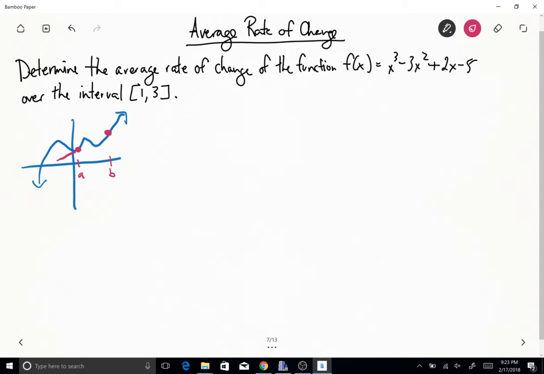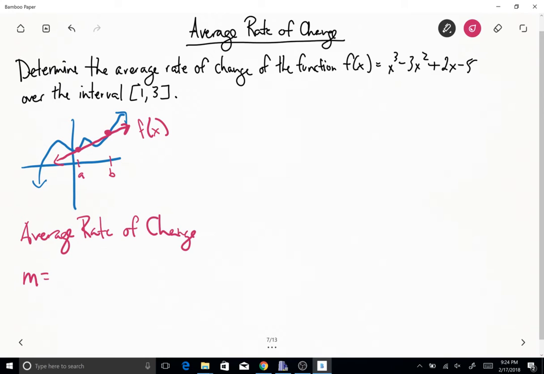All average rate of change is looking for, and this is a formula you're going to want to know. So average rate of change. If this is some f of x, well, all average rate of change wants is the slope of that line that I just drew.